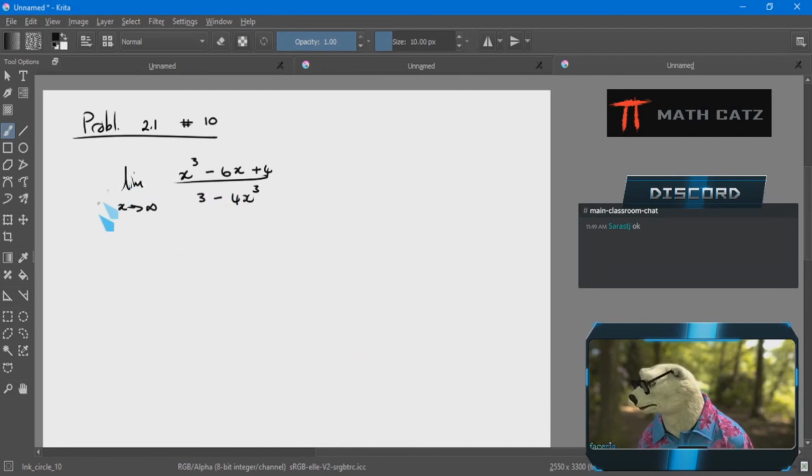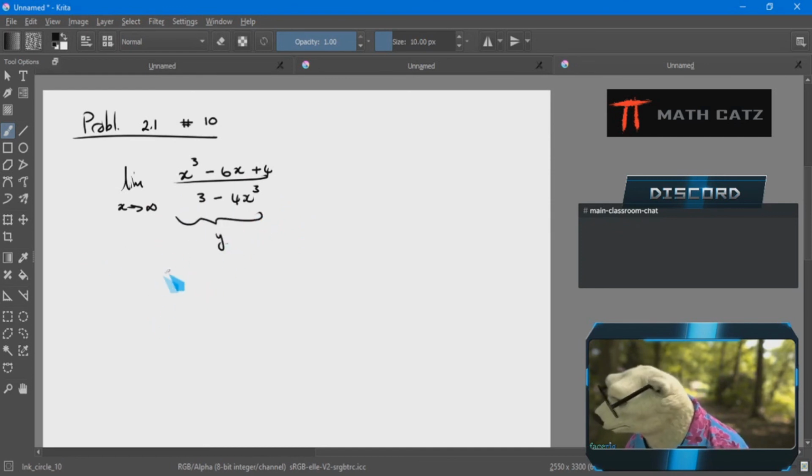Okay, so now I read this in the mathematical language, and I'm translating it to English. And it's asking, this is my function. The behavior of this function as x grows in size is what? I can write my, let's call this y, just for convenience.